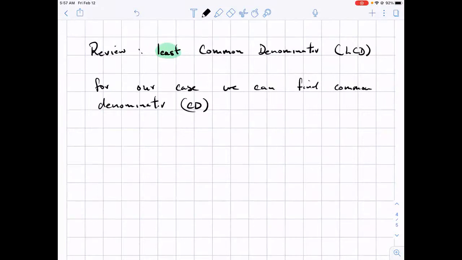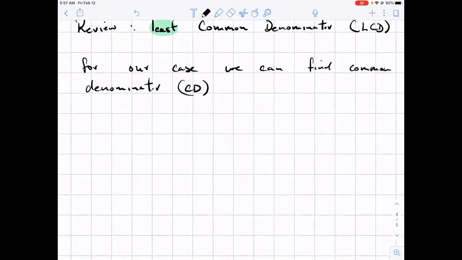if we have the two fractions, and I say add 2/3 plus 3/4. Now the traditional way is to find the least common denominator, right? Which will be 12 in this case.